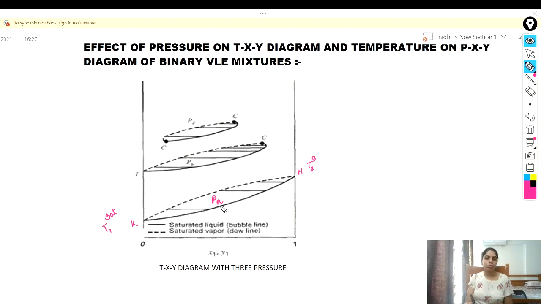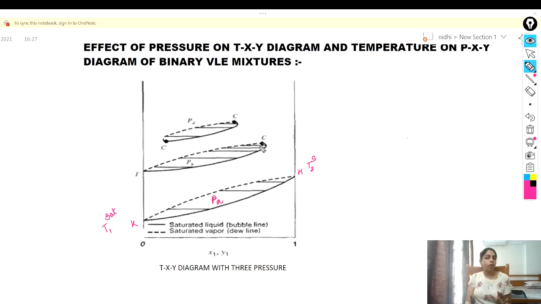Boiling point also increases. However, at some point the temperature will be so high that it will not reach one end of the diagram. You can see over here, because you raised the temperature and its boiling point rose, it doesn't touch this end. There is so much gap between these two, and it has already achieved the critical temperature.